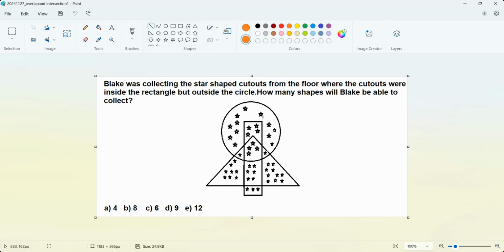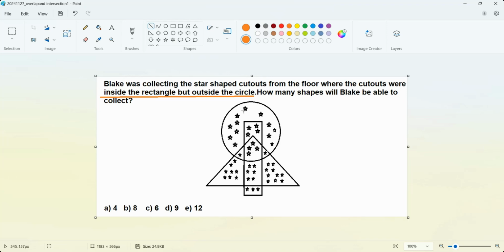So, the condition here is that we can see a lot of shaped cutouts are spread all over here, and all we have to do is to find out or count the number of shapes where it is inside the rectangle but outside the circle. So let's first underline what is asked. Inside the rectangle but outside the circle. So this is the condition that we have.